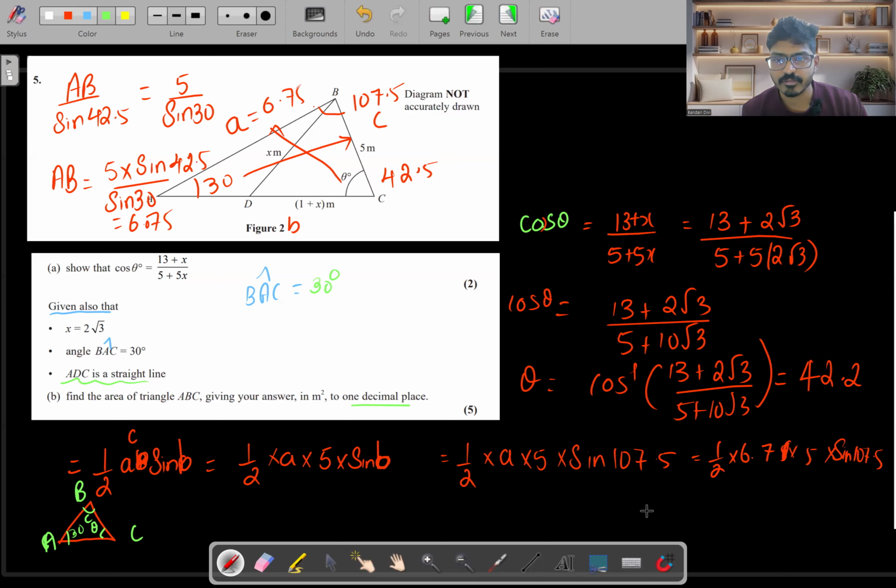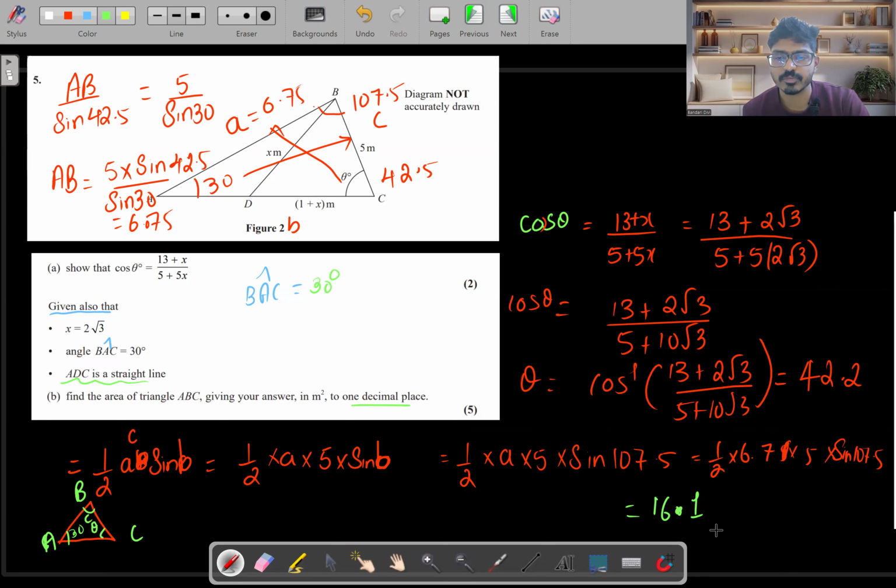Finally, if I multiply this in the calculator, 5 multiplied with sine 107.5, close the bracket, then answer, divided by sine 107.5, close the bracket, multiplied with 6.7 multiplied with 5, and then divided by 2, which is going to be 16.1.